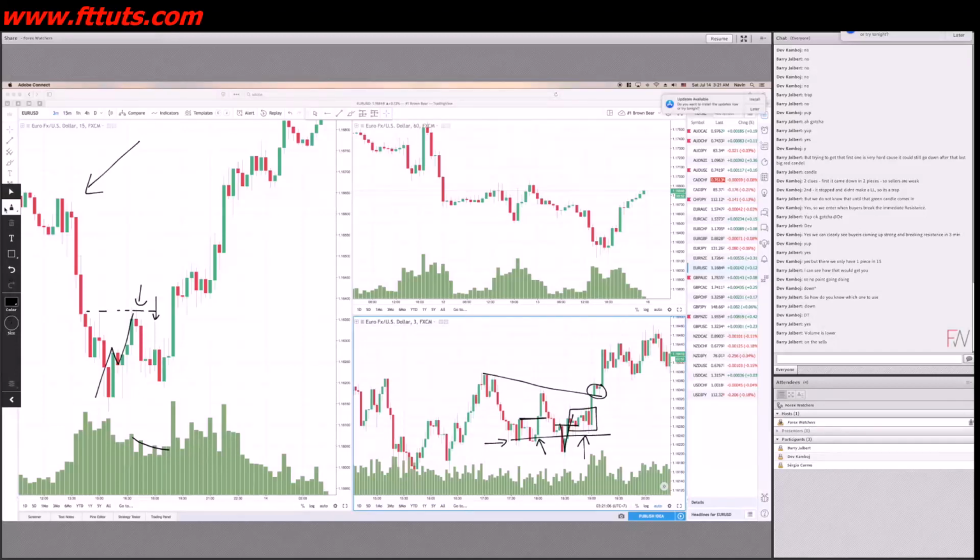If you cut out all the spikes and just focus on the movements, it's ever so decreasing, or not increasing, if you want to put it that way. That means it's acting like a pullback.